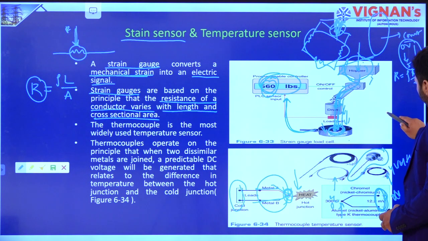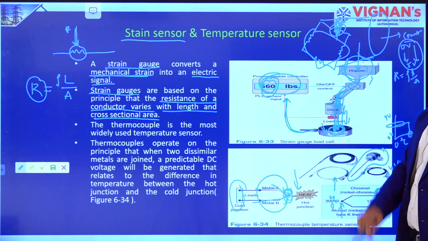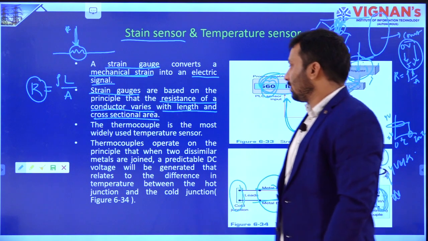So, for example, from 0 degrees Celsius to 100 degrees Celsius, if the voltage goes from x volts to y volts, by observing this particular voltage you can say what the temperature is at that particular field.